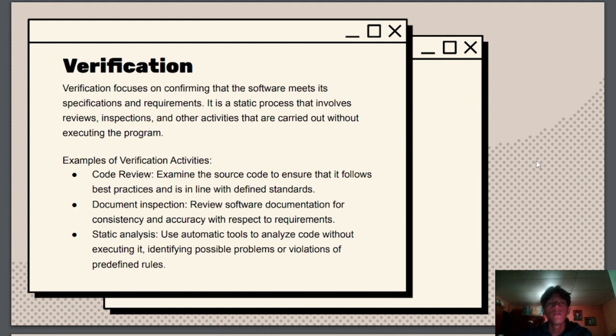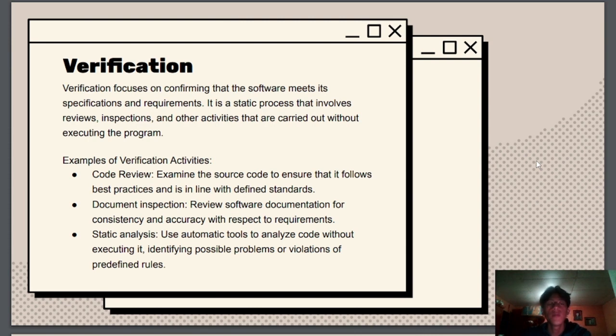Examples of verification activities. Code review: examine the source code to ensure that it follows best practices and is in line with defined standards.